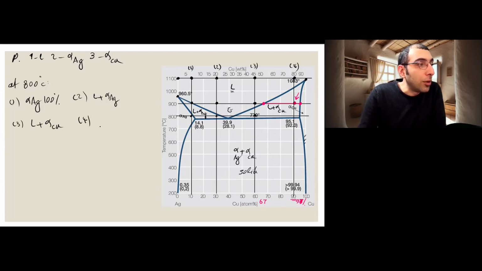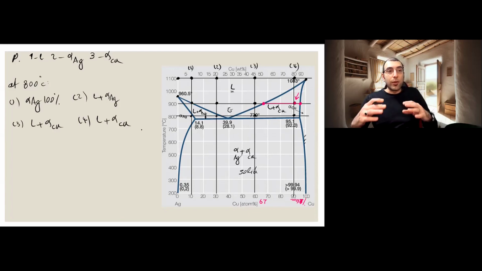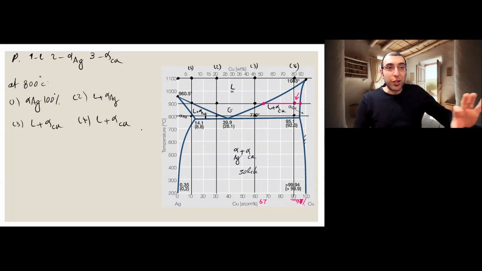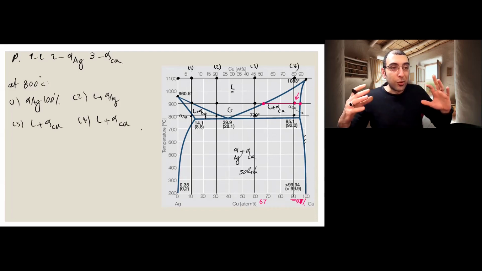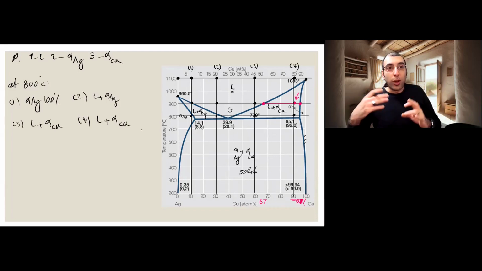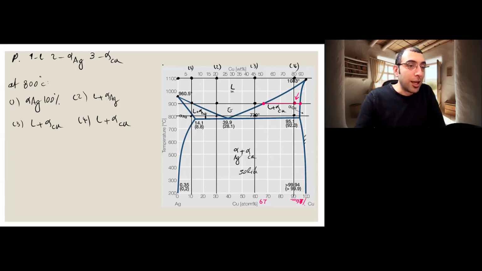And for alloy number 4, we are in this region, which means that we have liquid plus alpha copper, right? When we are done with this, then you should be really confident about knowing how to do phase fractions and calculations. So okay, we have now this situation.